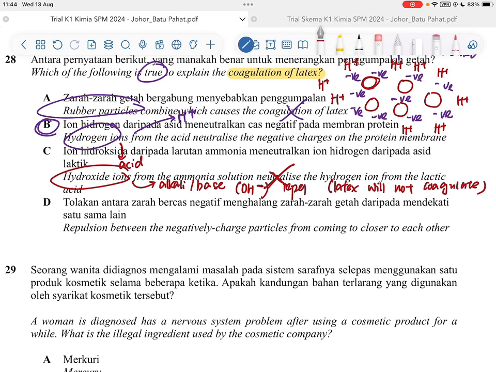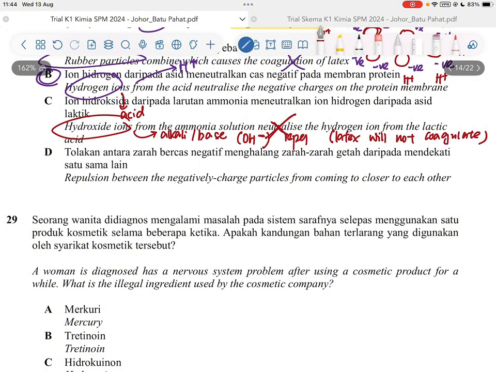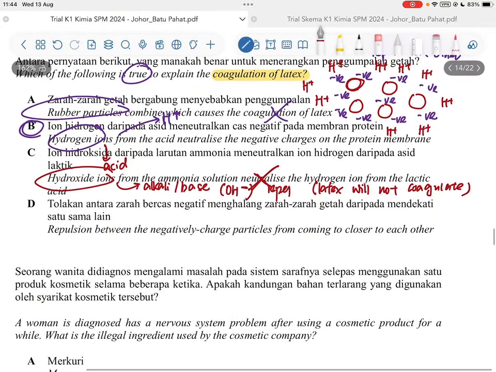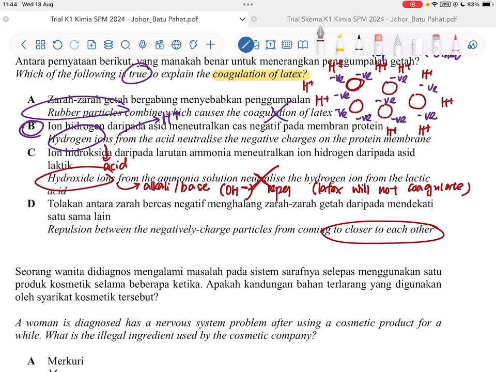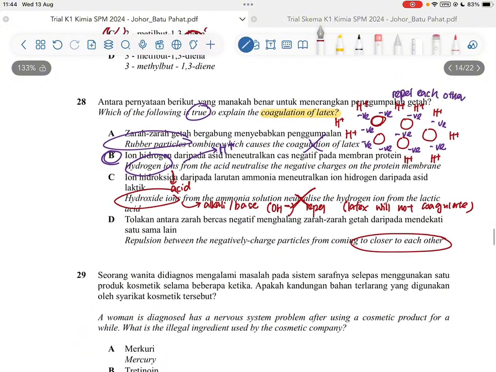Okay, D: repulsion between the negatively charged particles prevents them from coming closer to each other. No, they will not clump together, because since they repel, they cannot interact with each other. So for this question, the answer would be B.